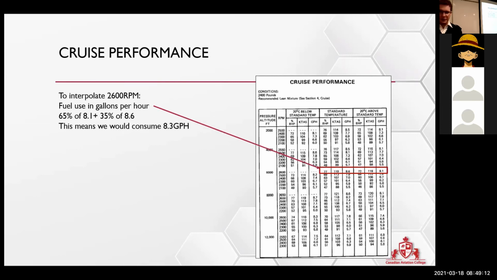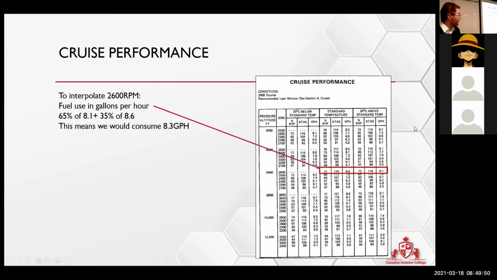Good. So at 2600 RPM, it says you will use about 8.6 in standard and 9.1 in the 30 above. So the average would be there. I'm not sure why they're going over here very, very detailed. Like I said, just pick the averages, and that should be more than enough.